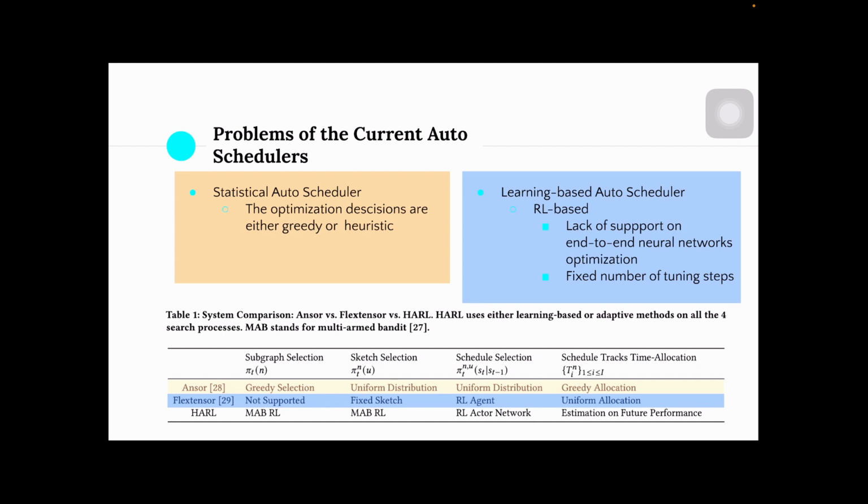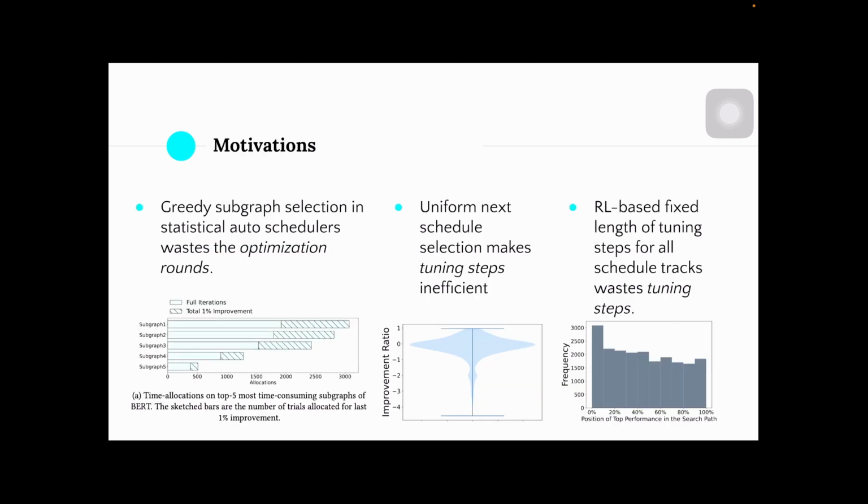Another drawback of reinforcement learning-based autoschedulers is that they allocate a fixed number of tuning steps for all the schedule tracks. We believe that this will result in wasteful tuning steps. To verify the above-mentioned drawbacks of the statistical autoscheduler and the reinforcement learning-based autoscheduler, we conducted a few experiments.